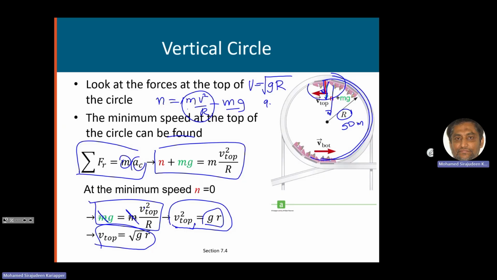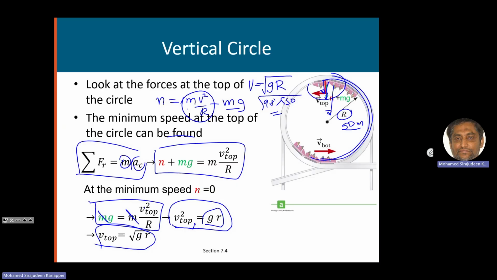So g is 9.8, and you want to design something that is 50 meters, so multiply by 50 meters. You have to calculate this and make sure you have enough speed here. When it comes to the top, its speed must be greater than whatever you get for the square root of gr. If not, disaster, you will fall.